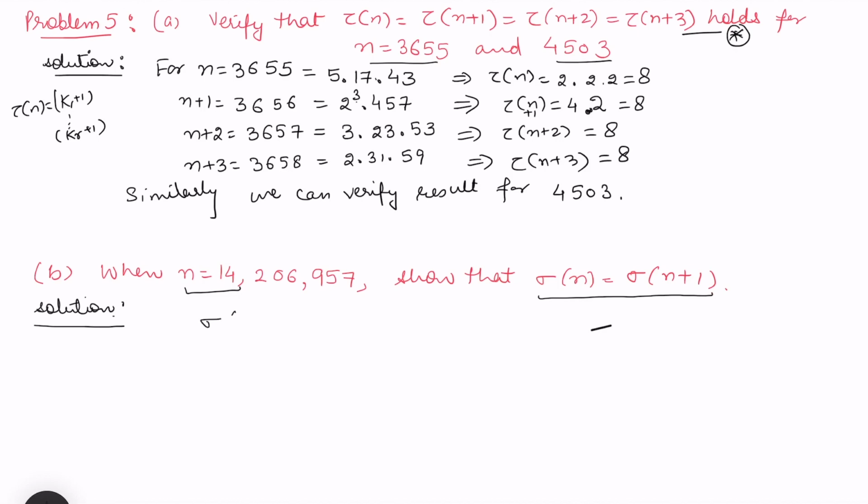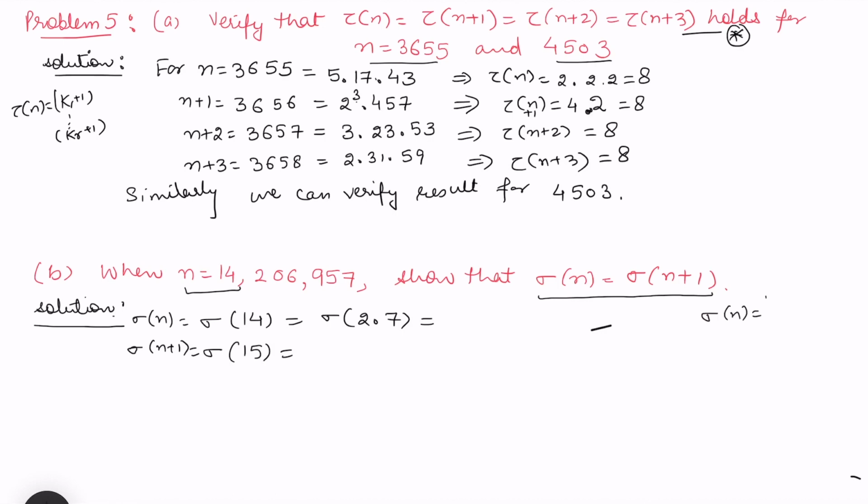This is also simple. Say sigma 14 and we want to calculate here. This is sigma n and this is sigma n plus 1. This is 15. Now sigma 14 is nothing, but let's first write this into prime factorization. After the prime factorization, either we can use the formula or we can use the definition. What is the formula of sigma n?